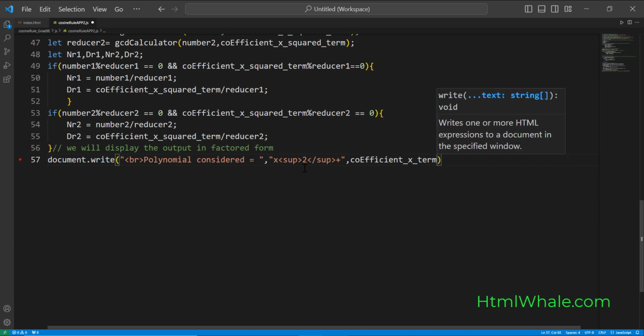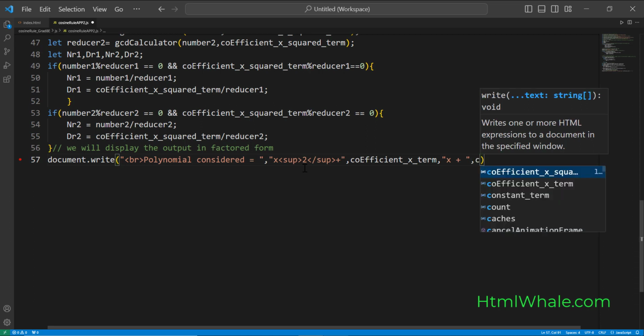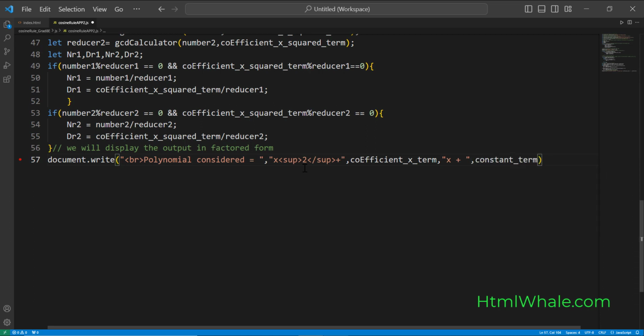So we will just place that there, followed by the x term. I need to have x term and then a positive sign and the constant term. So this will be the polynomial that we started off with.